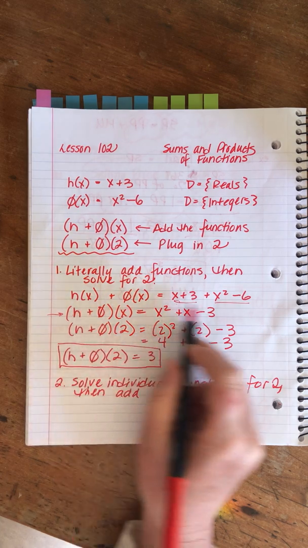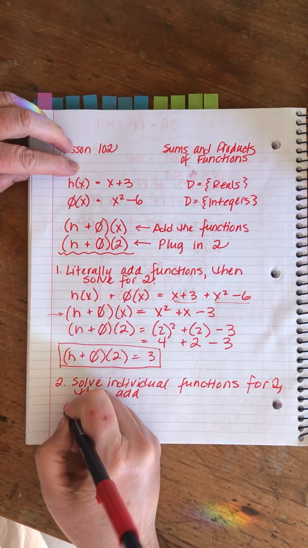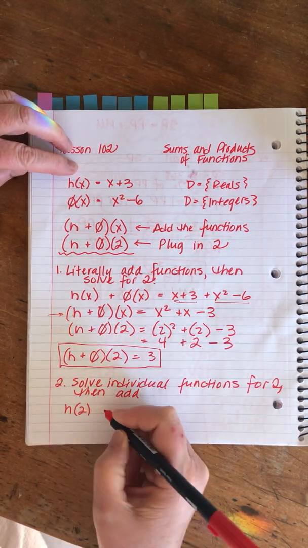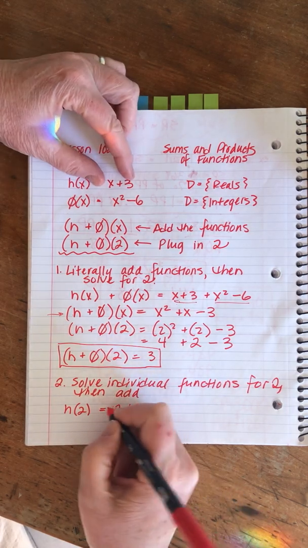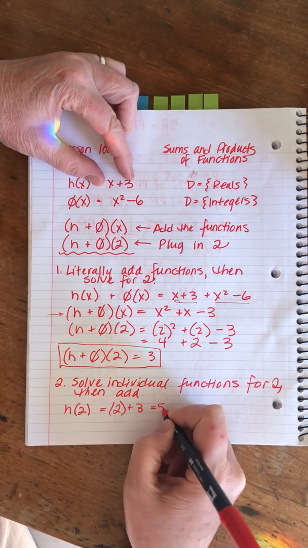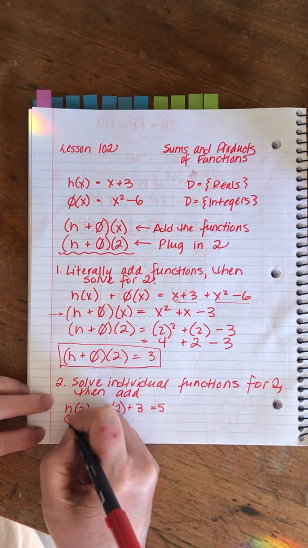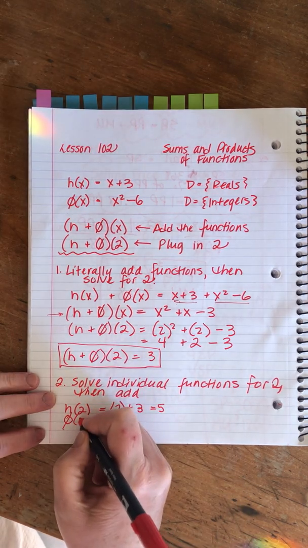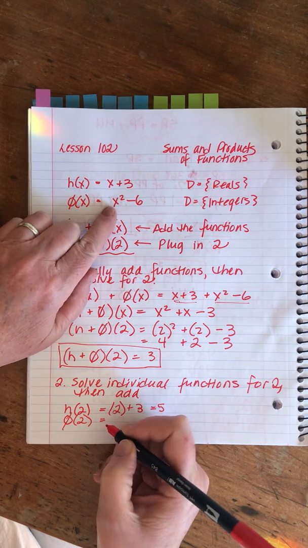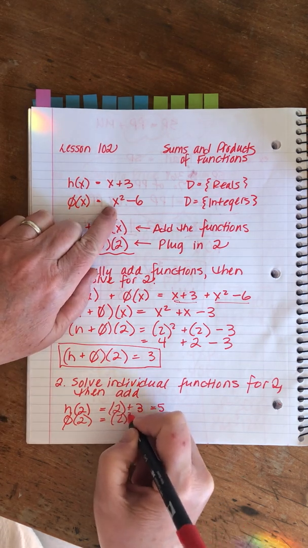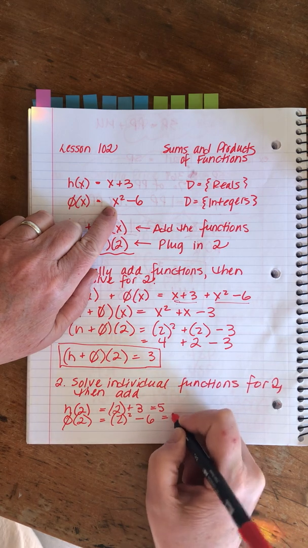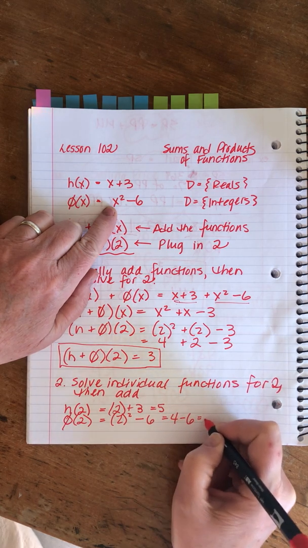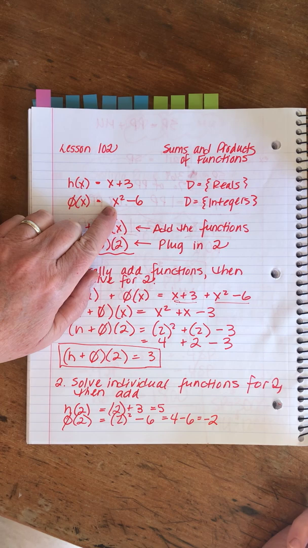This way, we're not going to combine the functions. We're going to find the h of 2. That would be equal to 2 plus 3, right? We're just plugging it in right there. And that's 5. And then g of 2 would be 2 squared minus 6, which would be 4 minus 6, which would be negative 2.